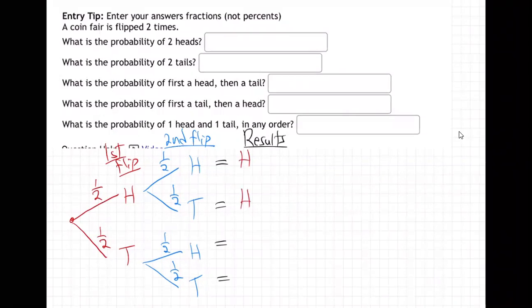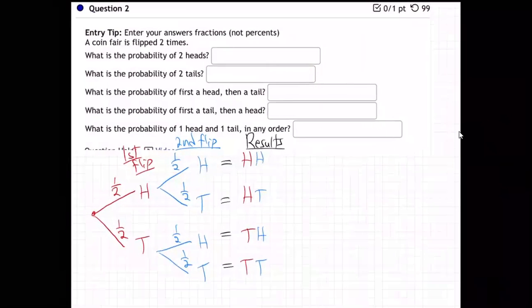It's head, head, head, tail, tail, head, tail, tail. So the results, and remember in these trees, when we make these trees, we're always moving from left to right in the trees.